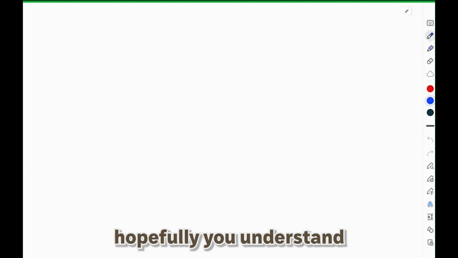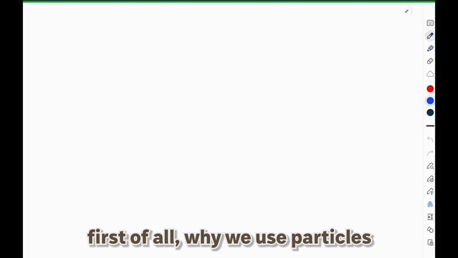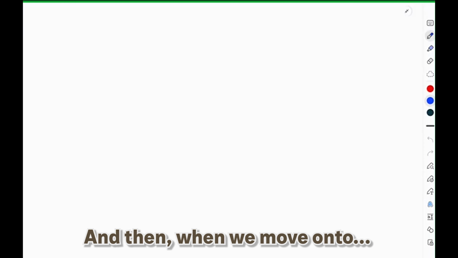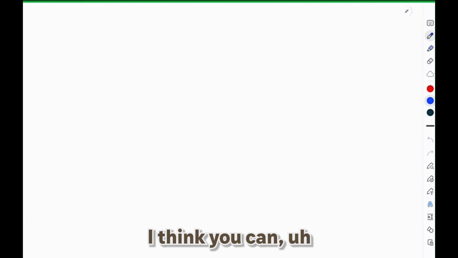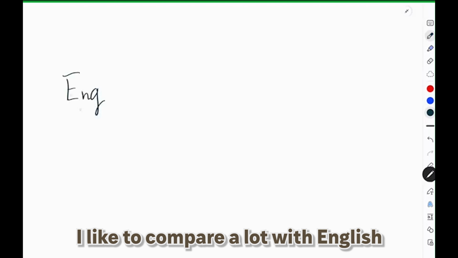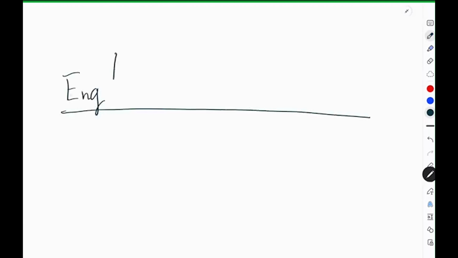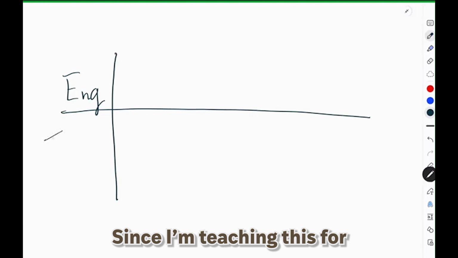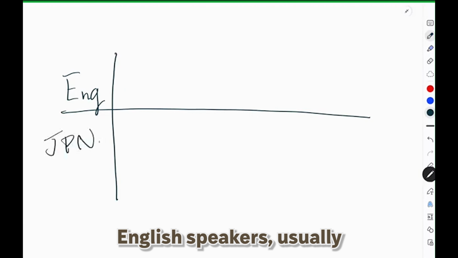That way, hopefully you understand, first of all, why we use particles, and then when we move on to each function of the particles, you can really be able to use it correctly. So with that, I like to compare a lot with English since I'm usually teaching this for English speakers.